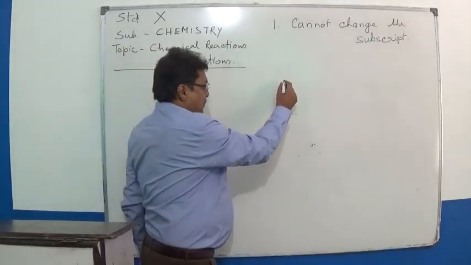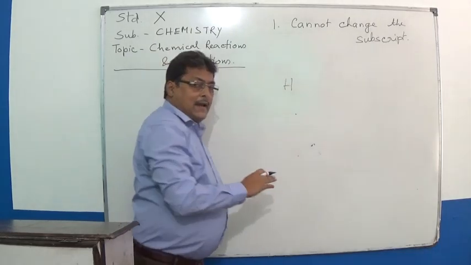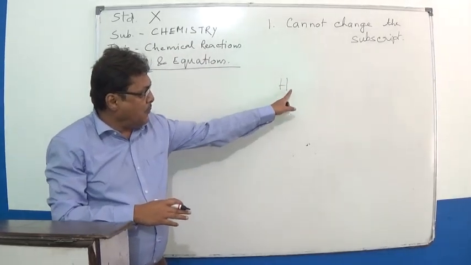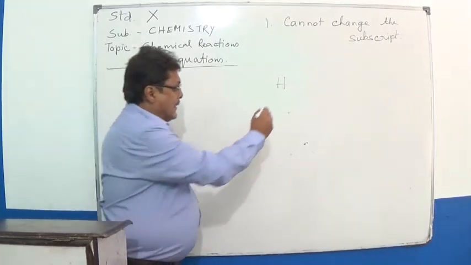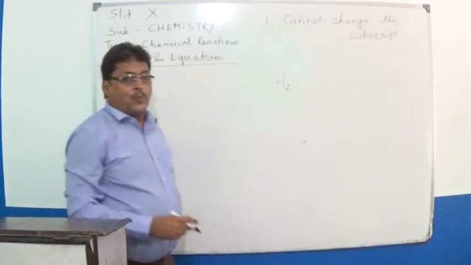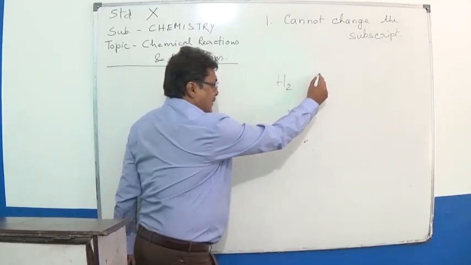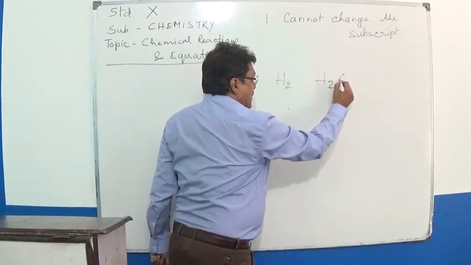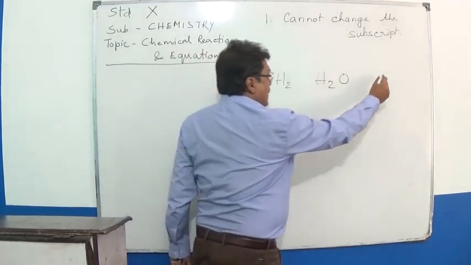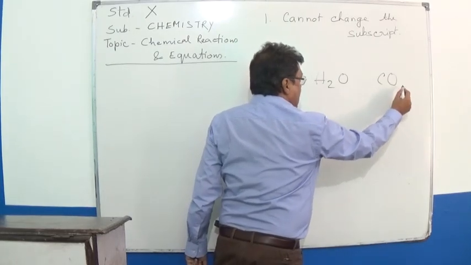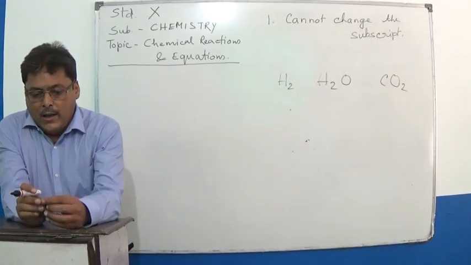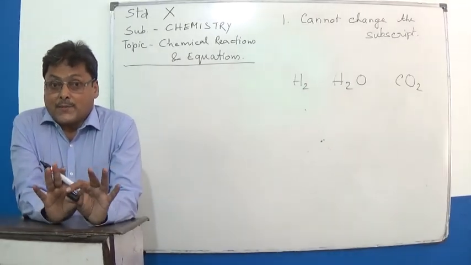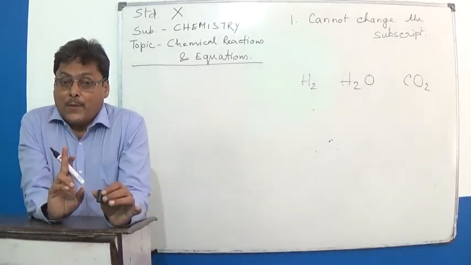Subscript is the number written at the right hand bottom of a symbol, like this two. This is called subscript. We cannot change the subscript while balancing the formula.